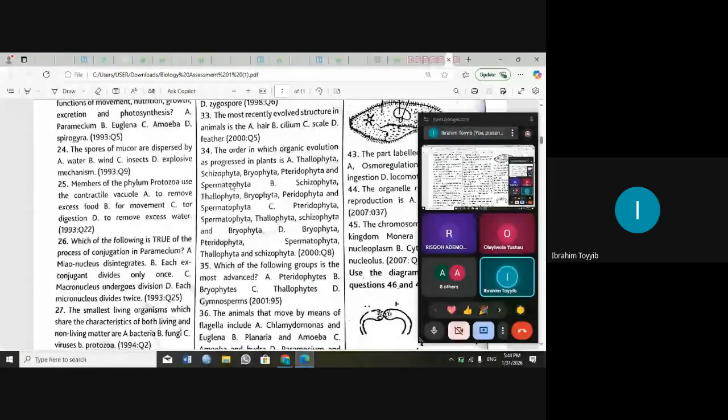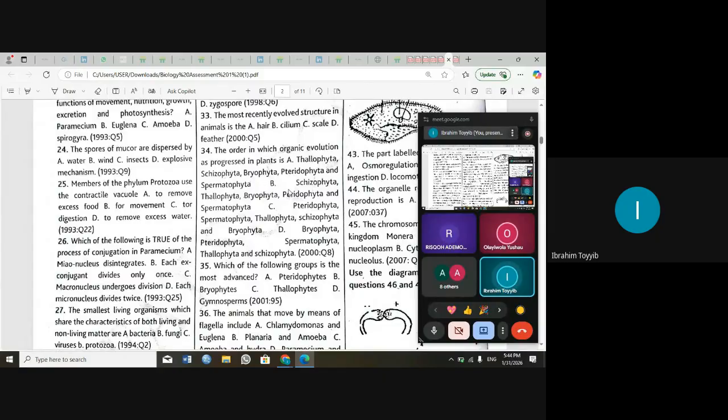Thallophyta. So the option is B: Schizophyta, Thallophyta, Bryophyta. Then which one comes first between Pteridophyta and Spermatophyta? Pteridophyta. So the correct option is B.